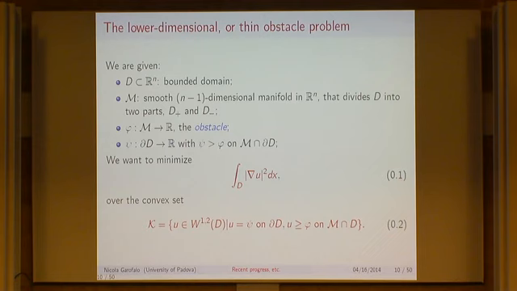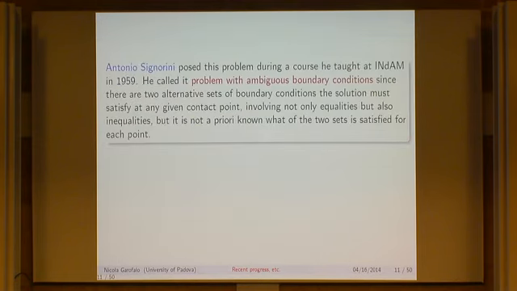Again, there is a unique solution to this problem. This was proved by Fichera in 1963. The problem was posed by Signorini in 1959 during a course that he taught at the Istituto Nazionale d'Alta Matematica in Rome. He called it a problem with ambiguous boundary conditions. You will see it in a moment.